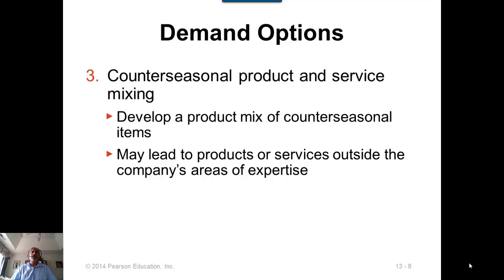If you run a heating and cooling operation, during winter time you install heaters, and during summertime you would install air conditioners. And clothing manufacturers, winter clothing and summer clothing, are different product lines that will even things out. But these are demand options. The demand options are not as predictable or as accurate as capacity options for the purpose of aggregate planning.